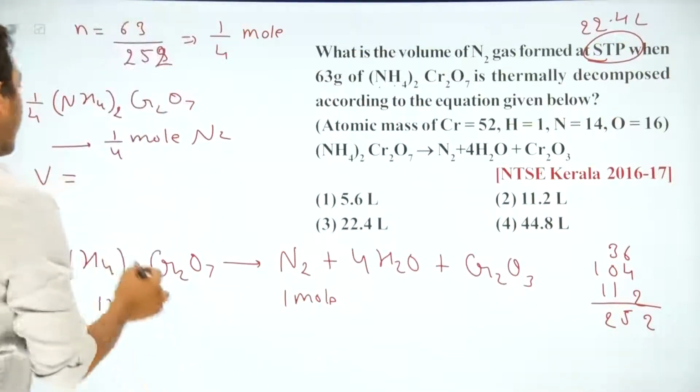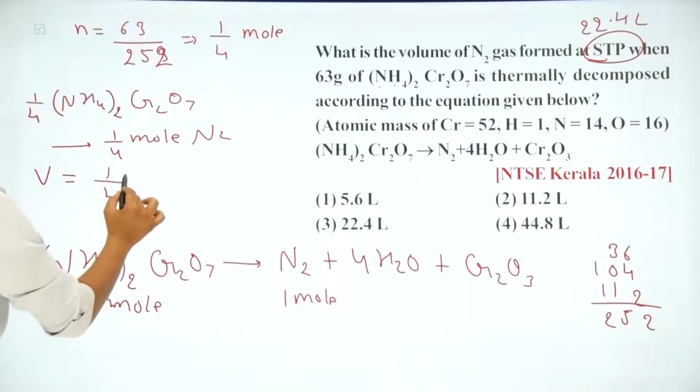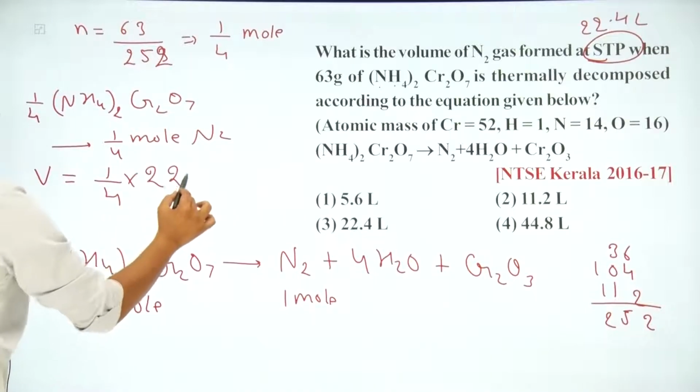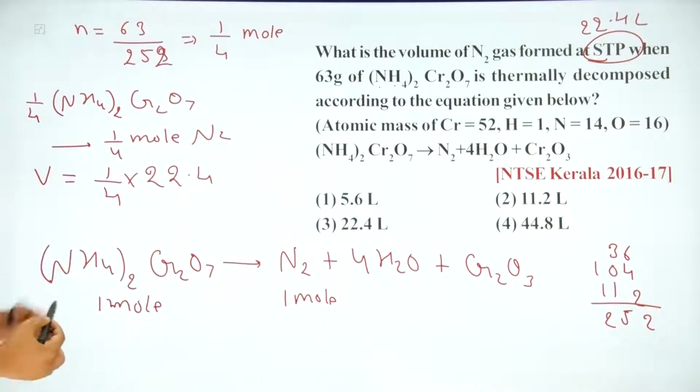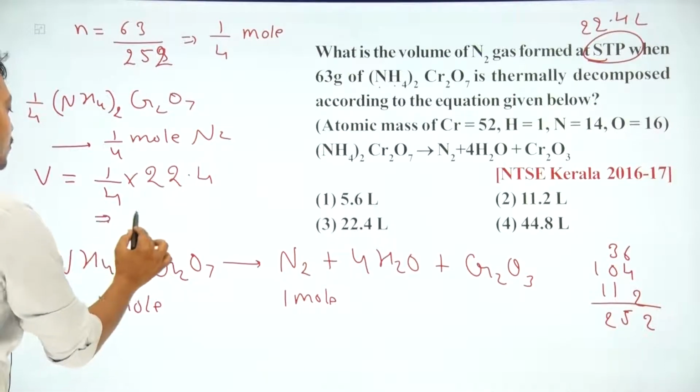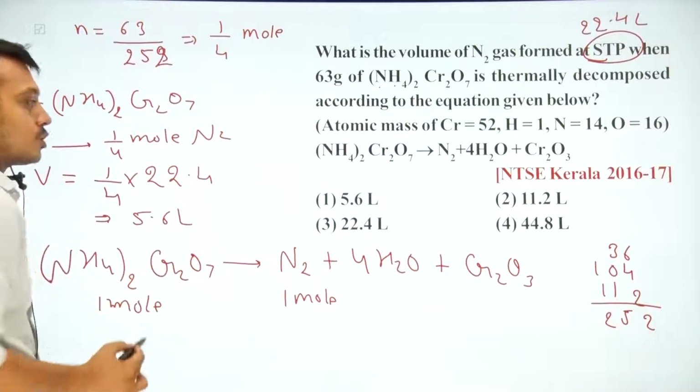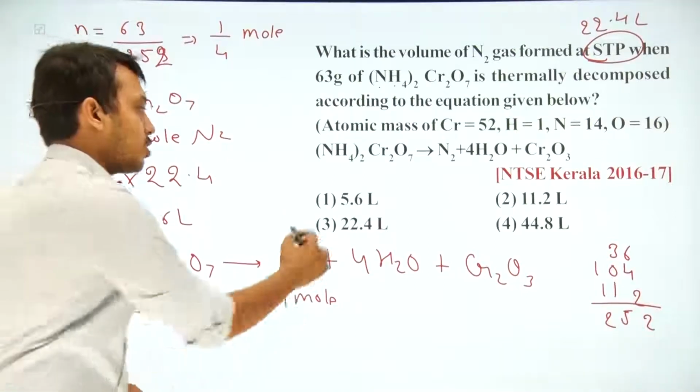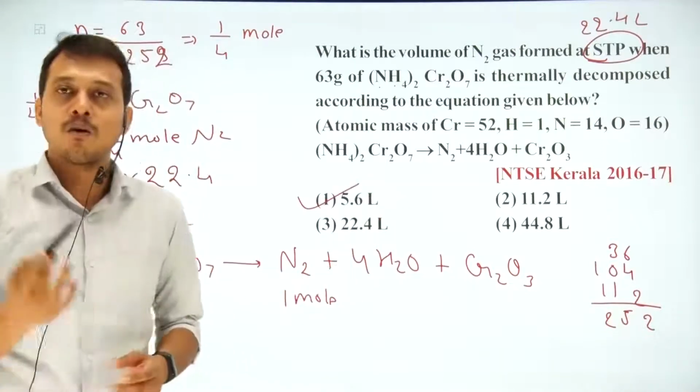It means 1 by 4 mole of nitrogen gas multiplied by 22.4 liter produces 5.6 liter of nitrogen gas. So the correct option for this question is option number 1.